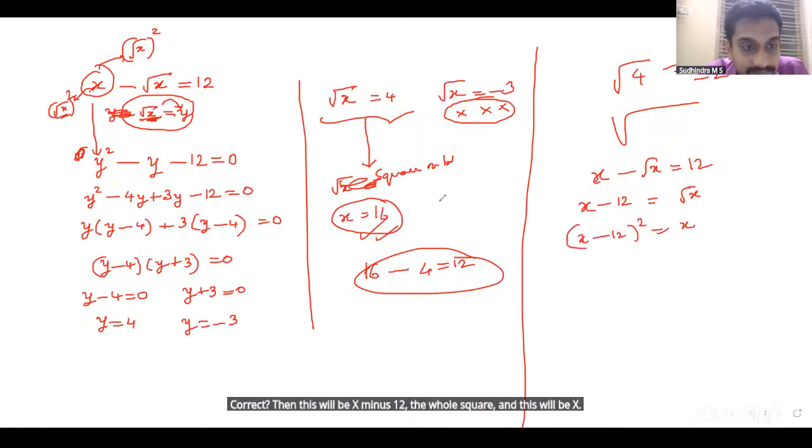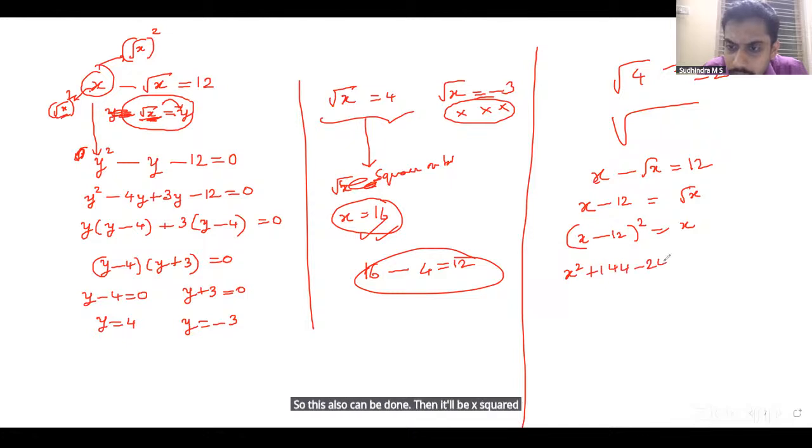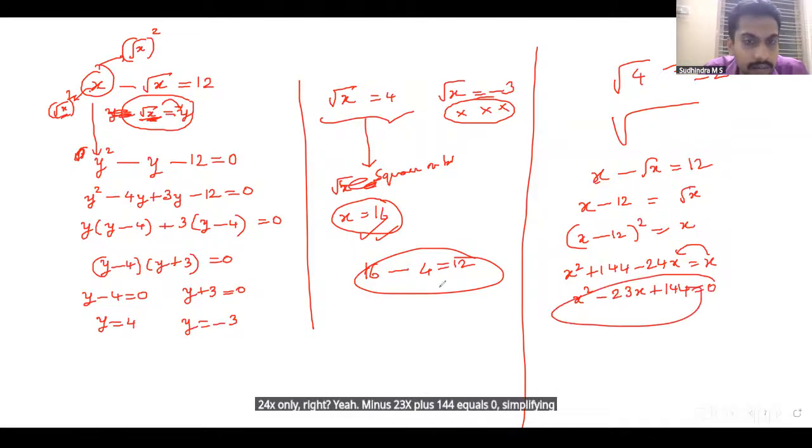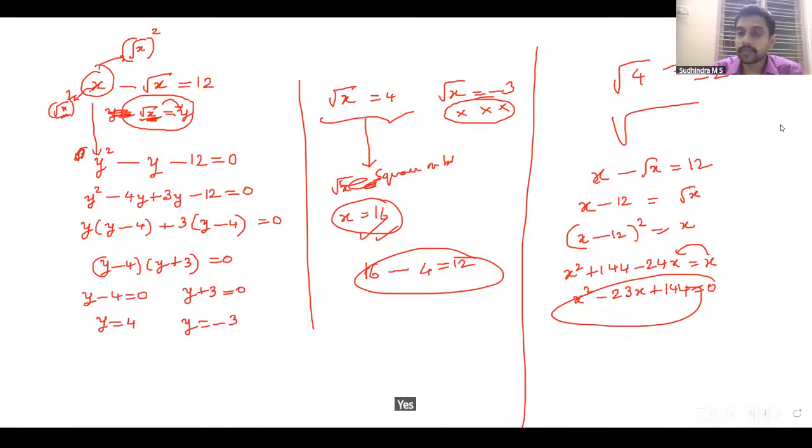So this also can be done. Then it will be x square plus 144 minus 24x equals x. Bring this here, x square minus 24x minus x, that is minus 25x? No: x square minus 23x plus 144 equals 0. Simplifying this also, we'll get it. Okay, sir. Thank you.